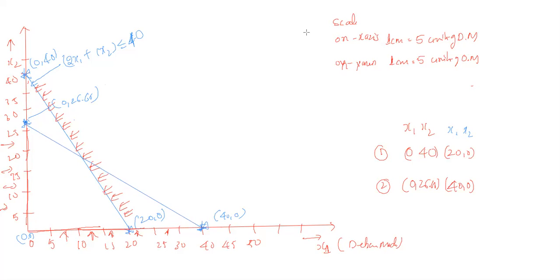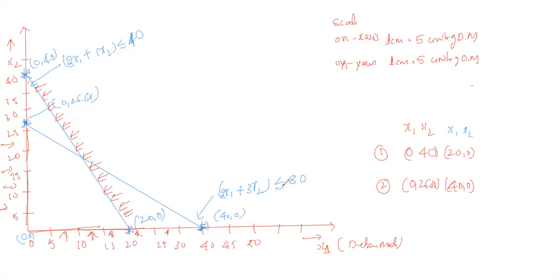So we need to write down the equation. This equation represents 2x1 plus 3x2 less than or equal to 80. Again the symbol is an inequality, so that is less than or equal to.